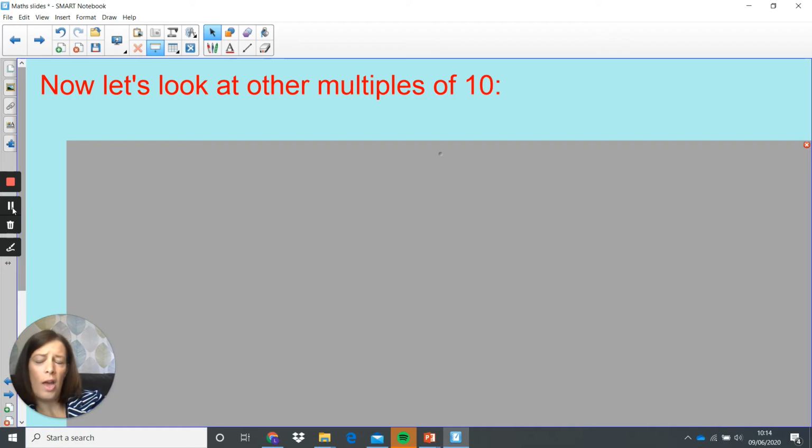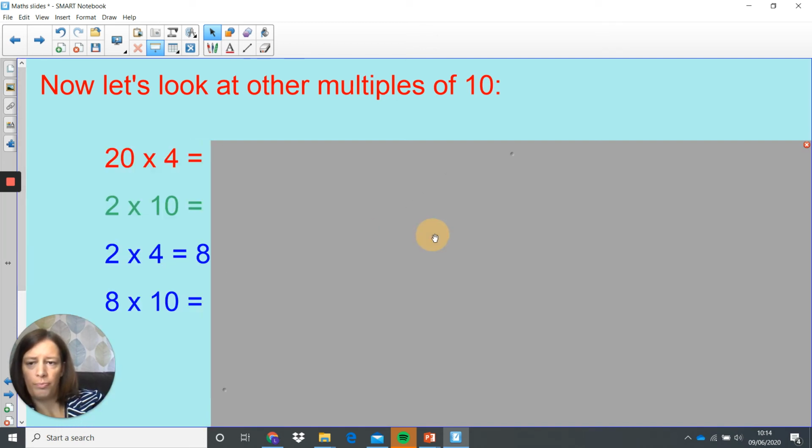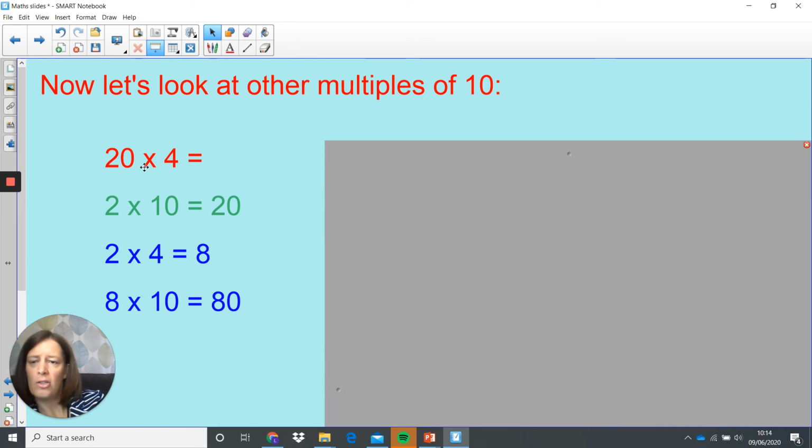Okay, so now we're going to have a look at multiplying by other multiples of 10. We're going to start off with this one. 20 multiplied by 4. So this is what we do. 20 is the same as 2 lots of 10. So it's 2 ten times bigger is 20.